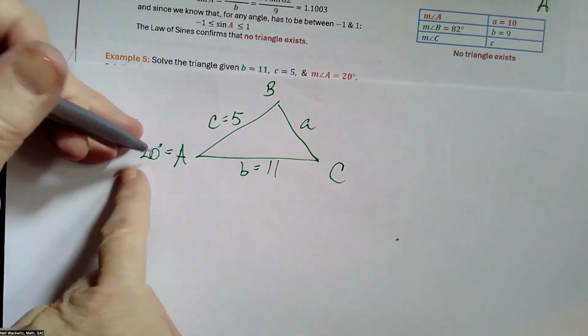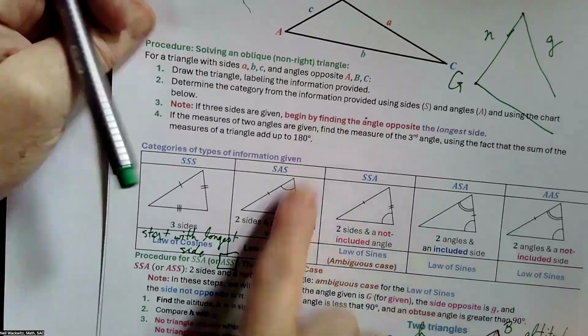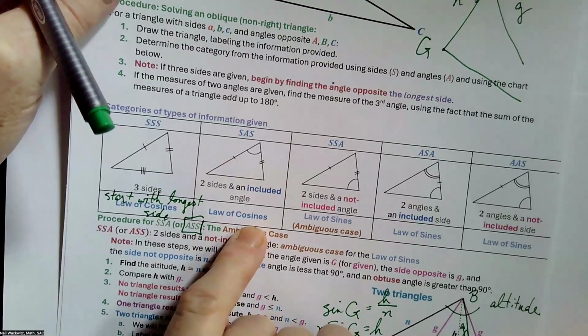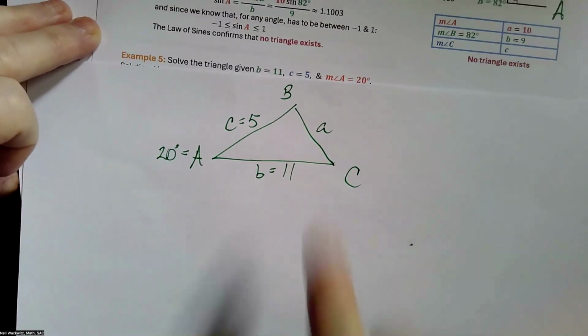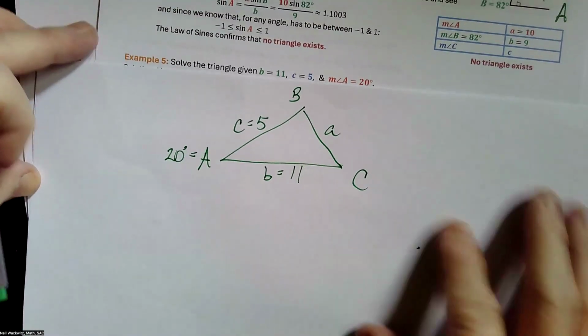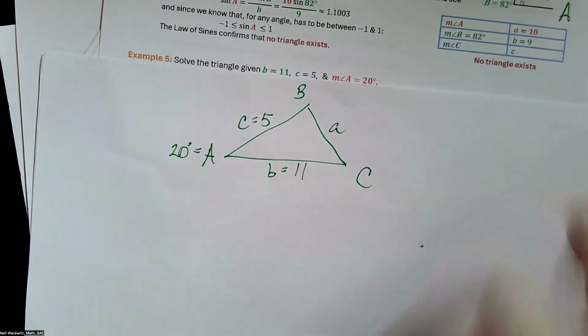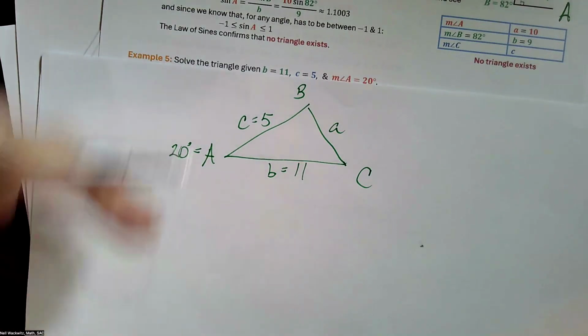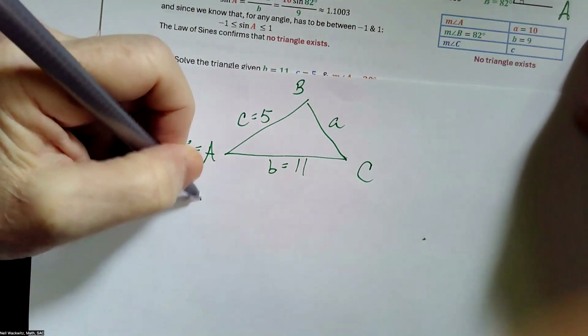We have side, angle, side. Side, angle, side is the law of cosines. And I only have one side I don't know. I only have one angle I do know. So we don't even have a choice. We have to put side A on the outside.